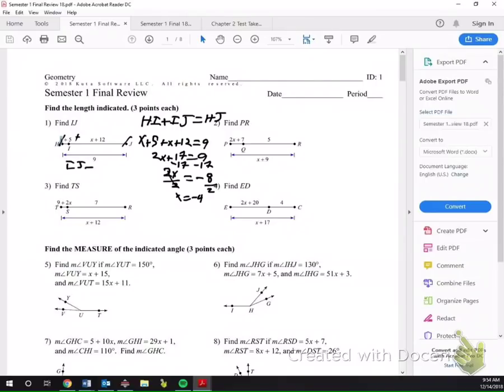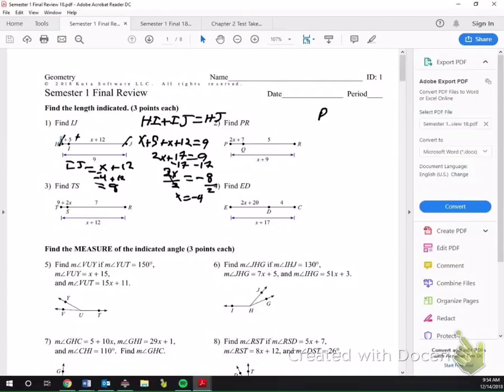So we have IJ, that's what we're looking for, equals x plus 12. We're going to plug in that negative 4 for x, and we get IJ equals 8. So that's actually our answer. Now, if I wanted to, I could go back and plug in negative 4 for HI, and I get HI equals 1. 5 minus 4 is 1. 8 plus 1 is 9, so that checks.